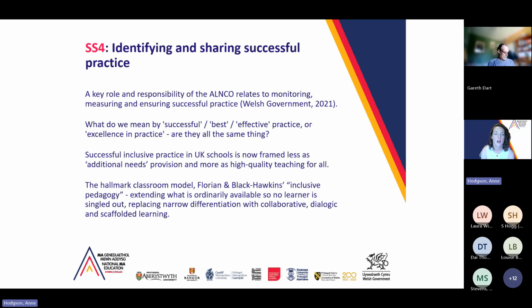It goes beyond thinking about what's ordinarily available and then adapting for a select few, to actually completely replacing that with inclusive pedagogy practice, where learning is scaffolded and adaptable and flexible in the moment to meet everybody's needs.